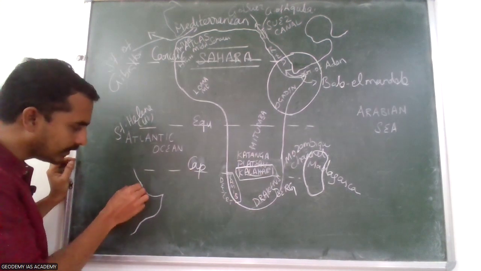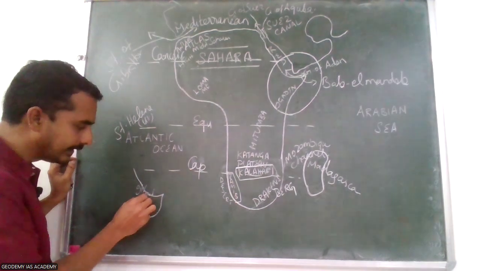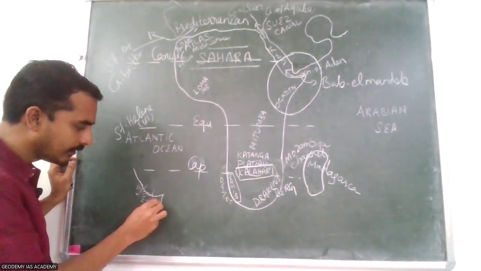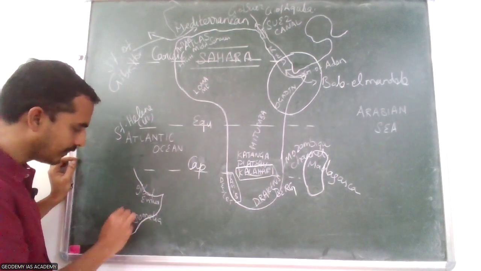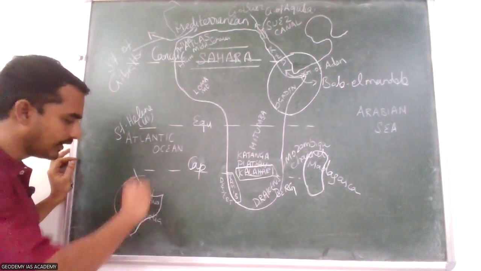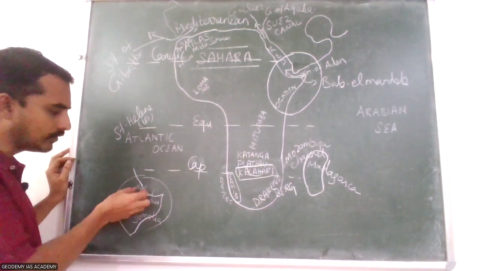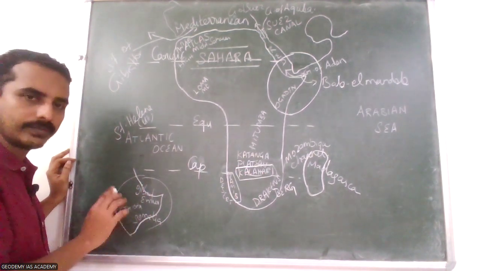The Horn African countries are small countries: Djibouti, Eritrea, Somalia, and Ethiopia. These countries are together called the Horn African countries. Djibouti and Eritrea are very small countries, and Somalia and Ethiopia.